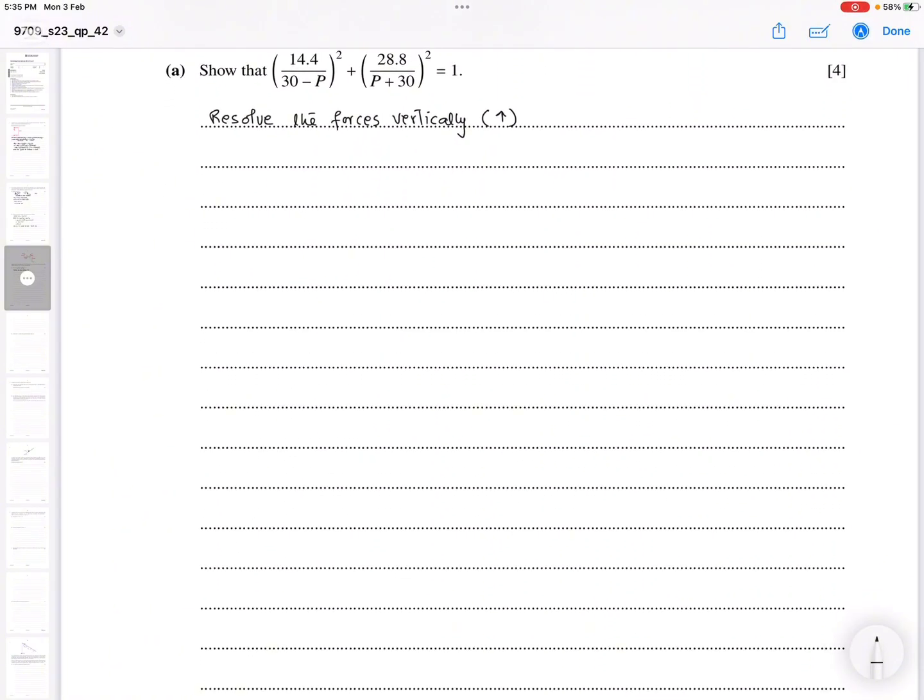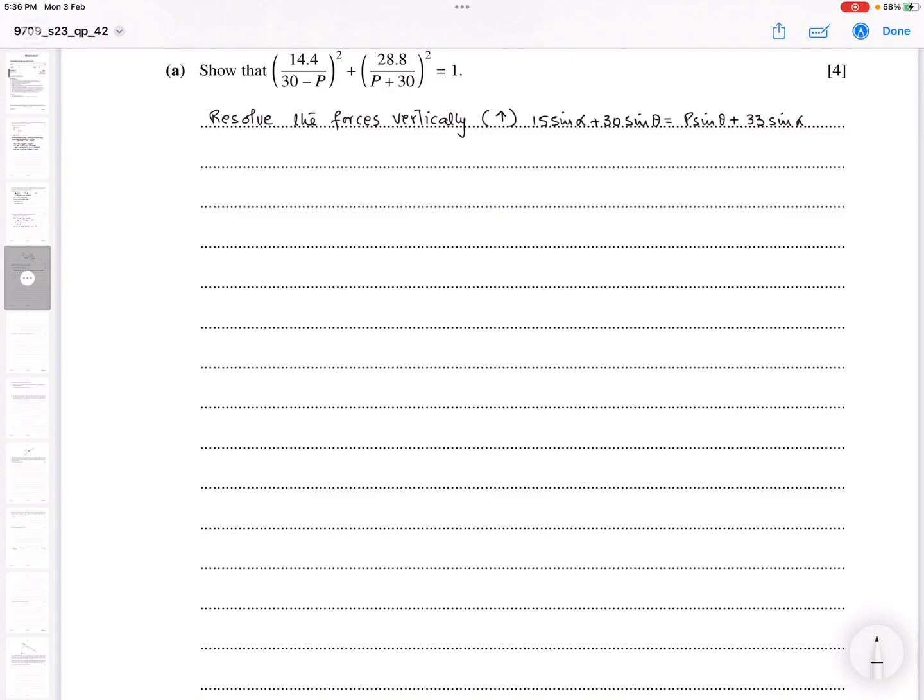So vertical forces would be 15 sine alpha plus 30 sine theta, and that would be equal to P sine theta plus 33 sine alpha.